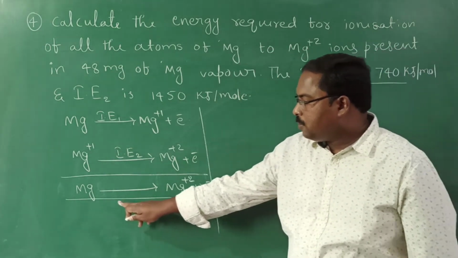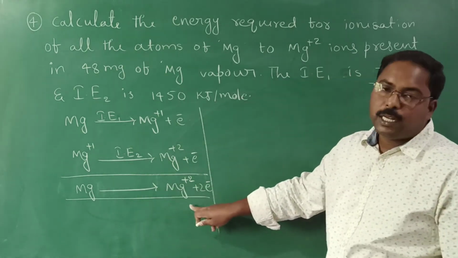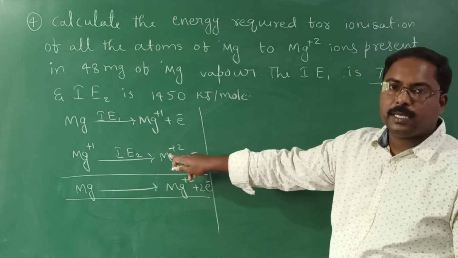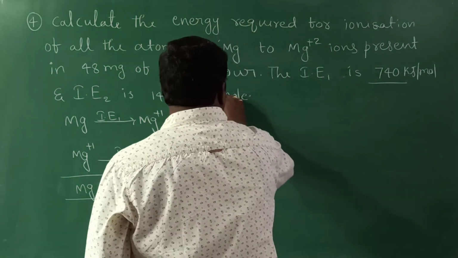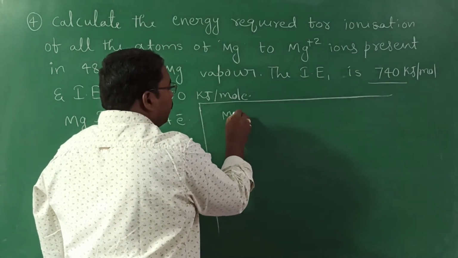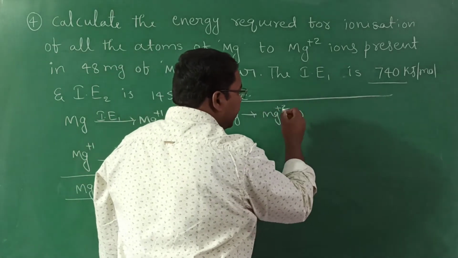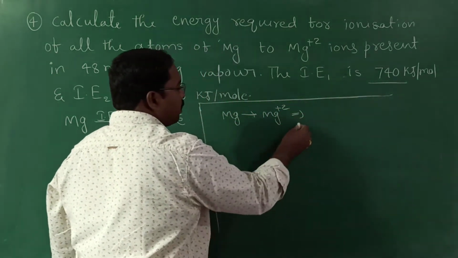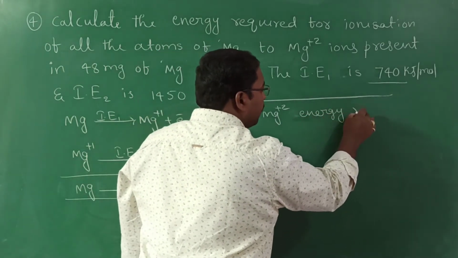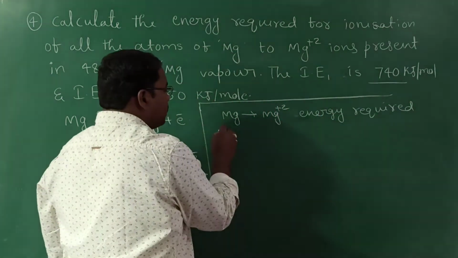Let's look at this one. They are asking us to calculate the energy required for Mg to Mg+2. How did we get this equation? Simply by adding the above equations. So for converting Mg to Mg+2, the energy required is how much?